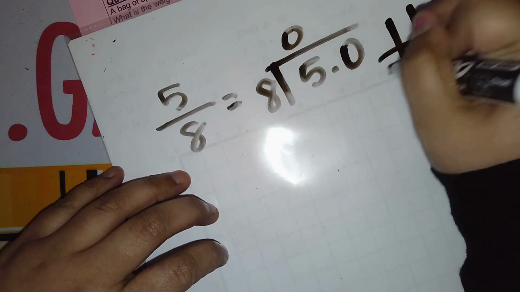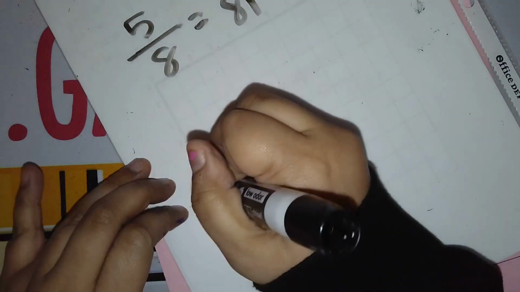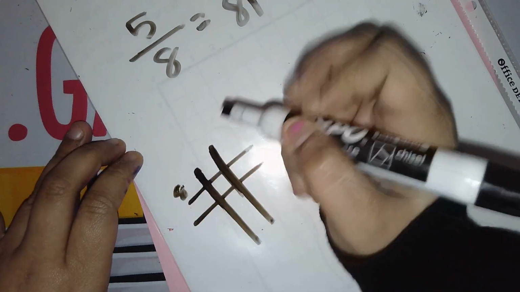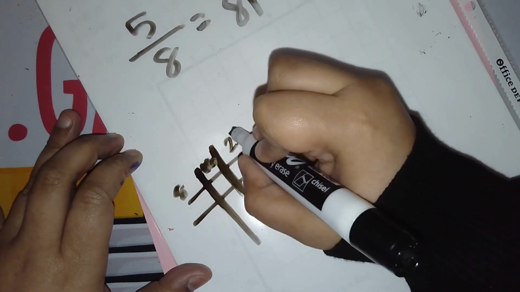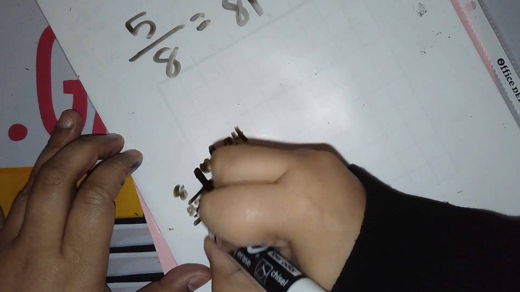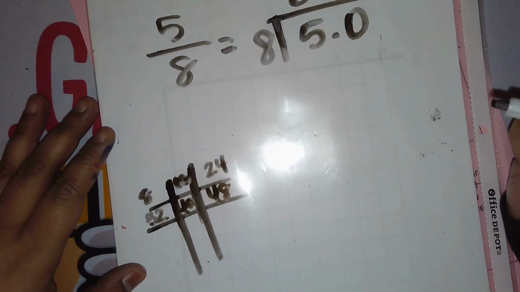I'm going to do my little tic-tac-toe somewhere else because I don't want it to take up a lot of space. So 8, 16, 24, 32, 40, 48, and I'm going to leave it there because I don't think I'll need more than that.